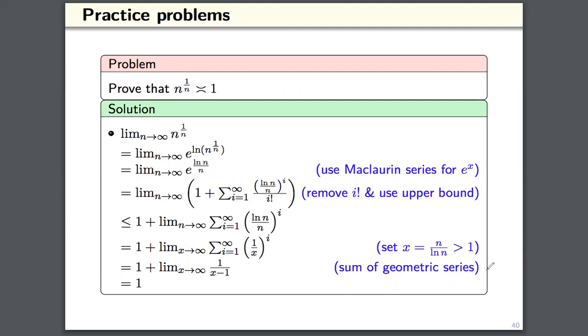But can we apply L'Hopital's rule, because it's e to the power of something? It's not f of n divided by some g of n function. That's fine, because you're applying the limit to the power, so you can still apply the limits on this and use L'Hopital's rule.